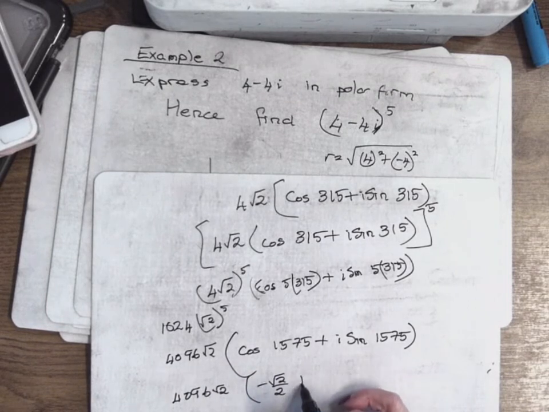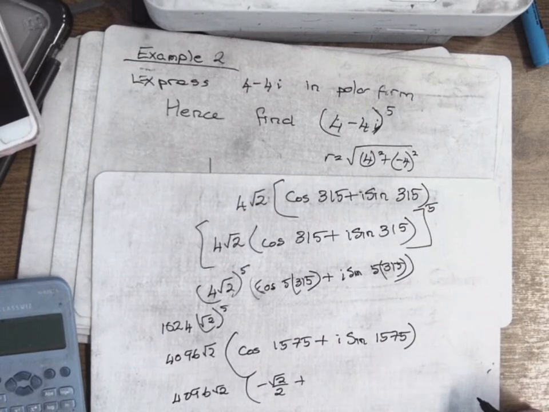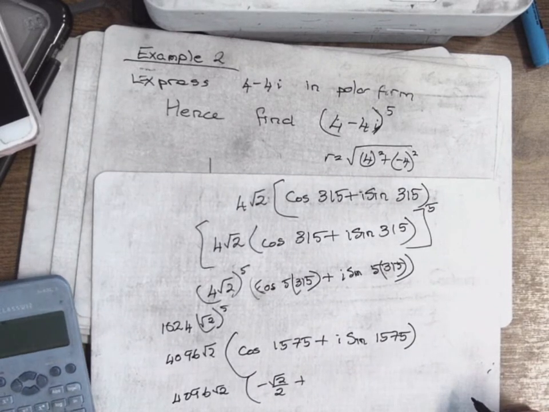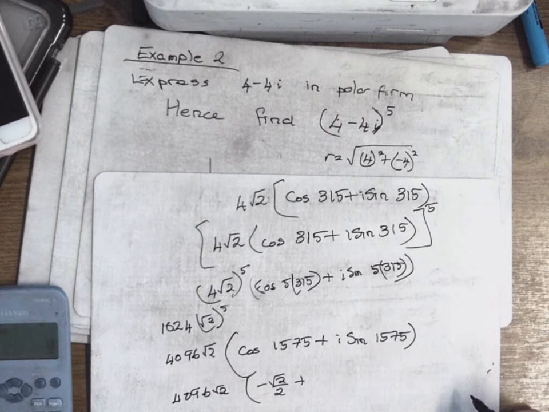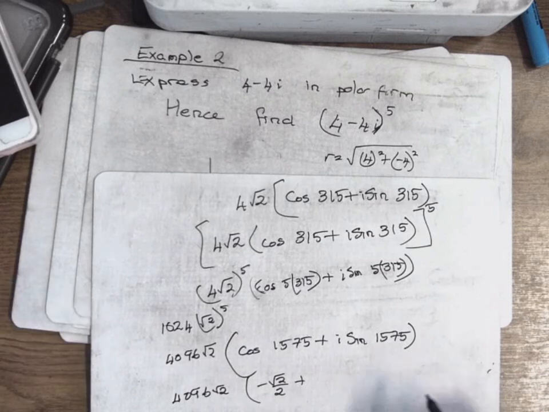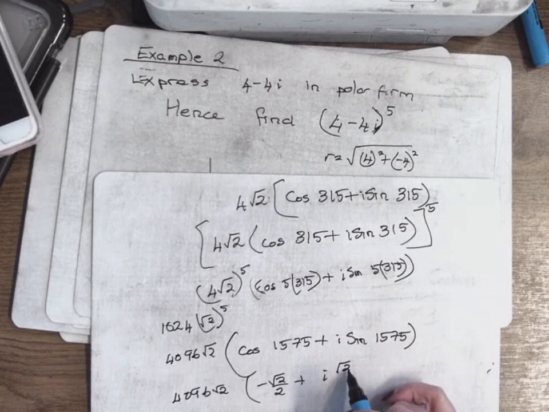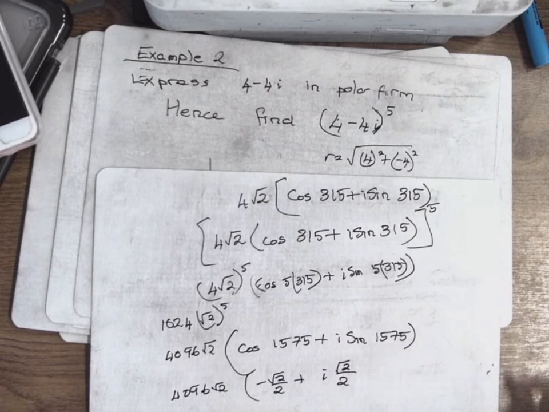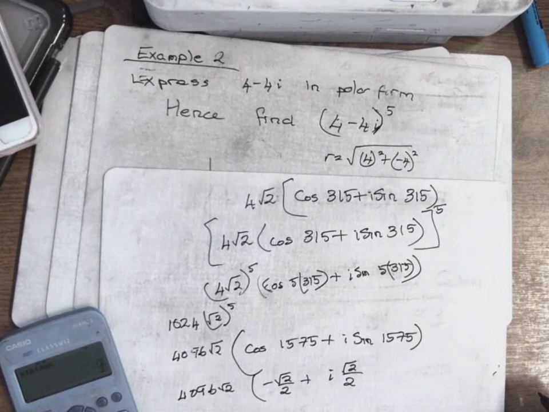Sorry, I picked terrible numbers to do the example, but it's just calculator work, so don't worry about it. It's root 2 over 2. So I will multiply that by 4096 root 2.